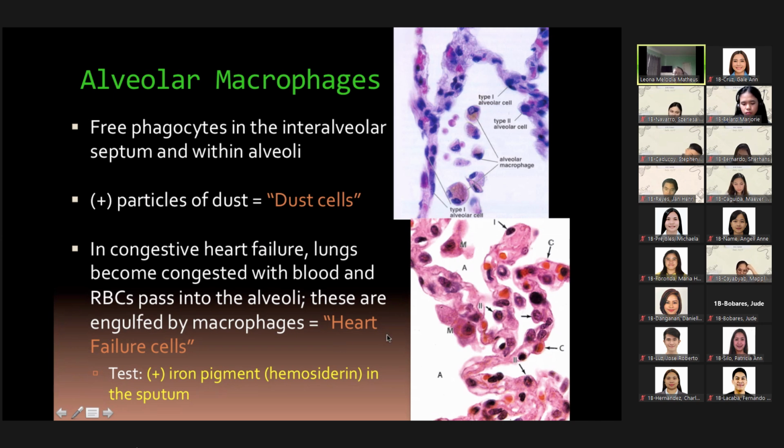Now, one test to determine the presence of your heart failure cells is to test the presence of iron pigment, or hemosiderin, in the sputum. So that is one way to find out if you have maybe heart failure. Okay, so these are the things that you may find within your lungs.